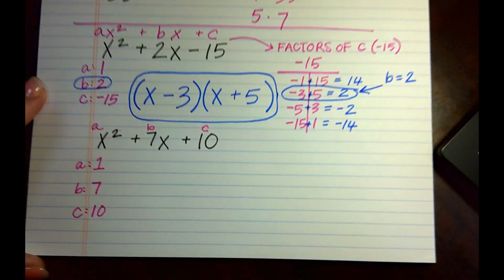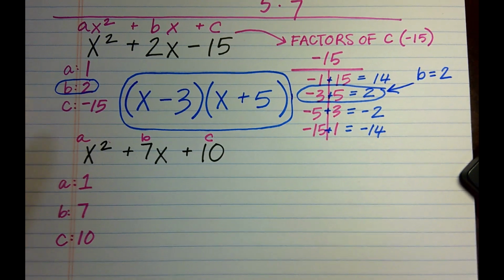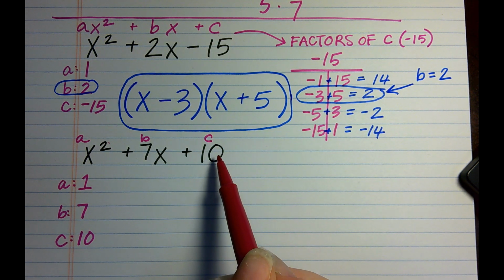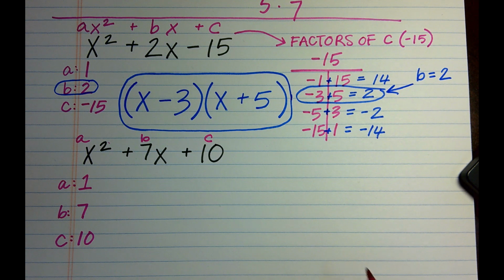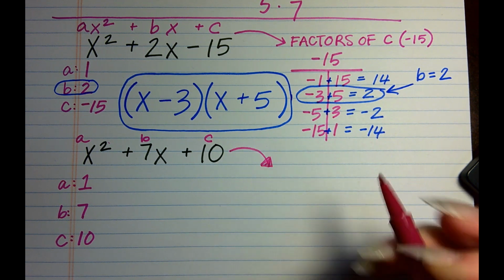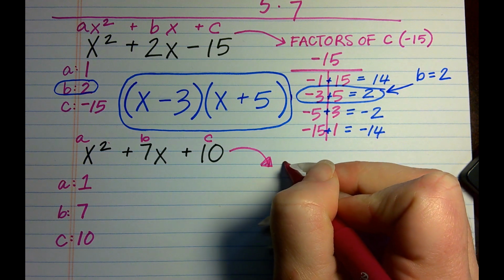Perfect. So I have my values for A, B, and C. Now we're going to move on to the next part of that first step. We're going to list out all the factors of C, of 10. So factors of 10.